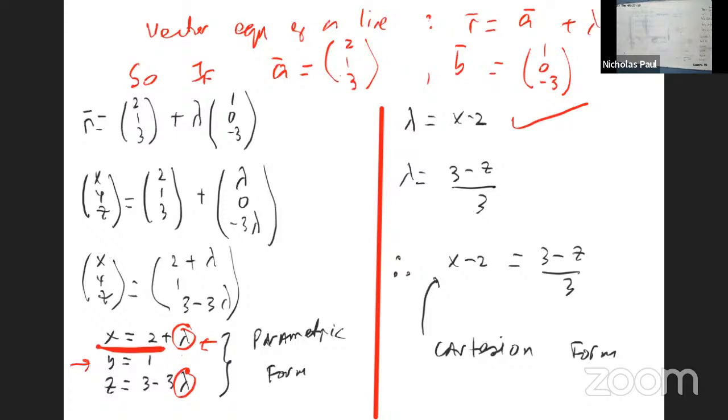And the third part, you make lambda the subject, and you'll get 3 minus z on 3. So now that you know lambda is x minus 2 and lambda is 3 minus z on 3, we can equate them, and you will get this equation here. That is called a Cartesian. That's okay? I'll show you the next one.